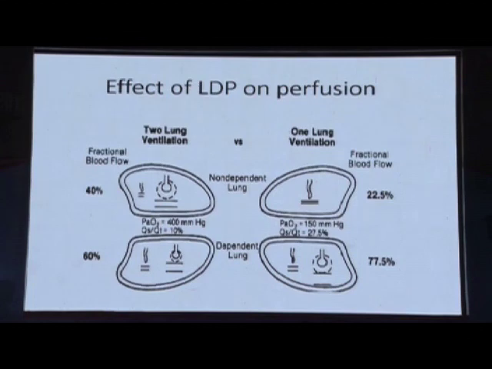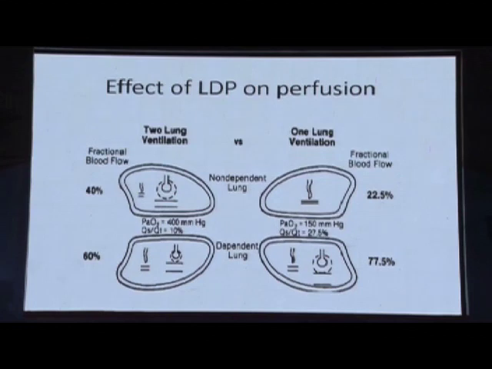Plus, this is two-lung ventilation. When you switch from two-lung to one-lung ventilation, non-dependent to dependent lung, the first thing is your shunt has increased from 10% to about 27 or 30%, which is typical in a healthy subject.